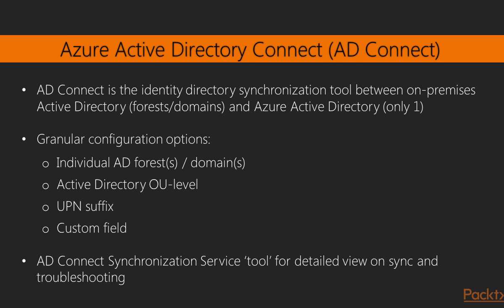When installing and configuring your AD Connect tool, it provides you granular configuration options. You can specify which individual forests and domains you want to synchronize, or specify up to the Active Directory OU level which users you want to synchronize, or based on UPN suffix, or a list of custom fields you can select from.